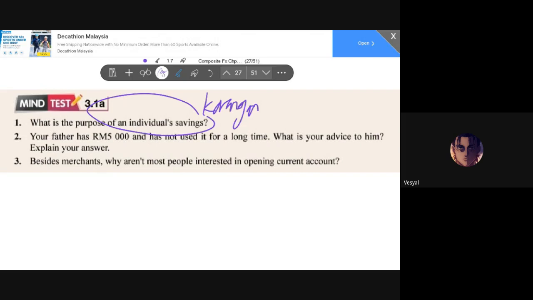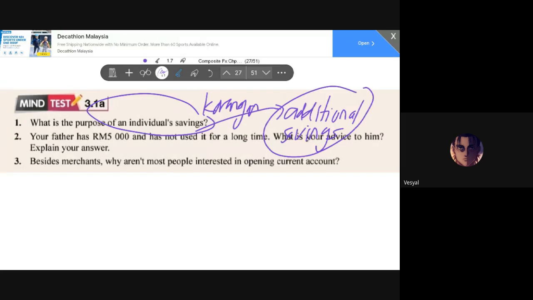So for your question, Jesh, you say for well-planned life in the future, that's something about what you said. For emergency use, that's what you said, save up for certain things. And also it can act as additional income. Because you remember the definition of savings, right? It's an excess amount that you save in the money box or anything. So it's an additional savings as well. It's a good point to use as well.